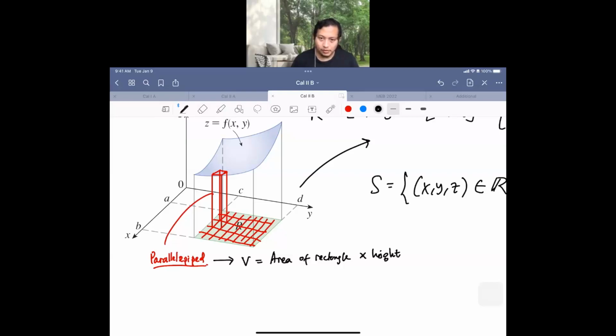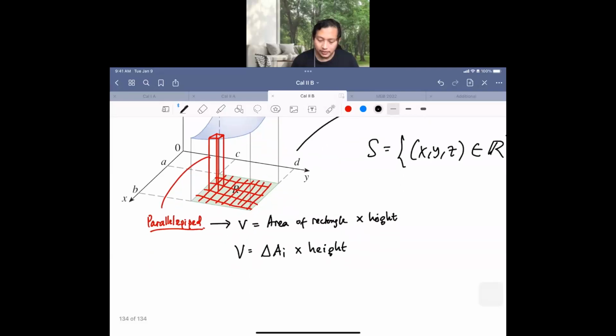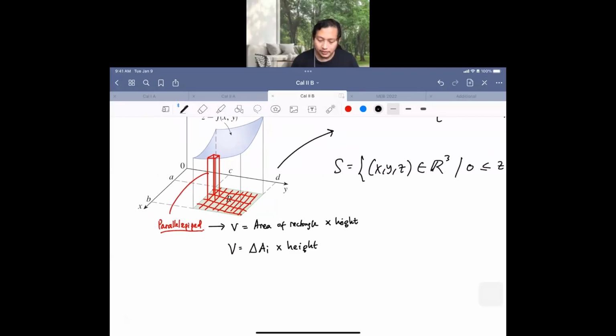Now, if we take the small rectangle, then we can say that it becomes delta A_i, and then multiply with the height.